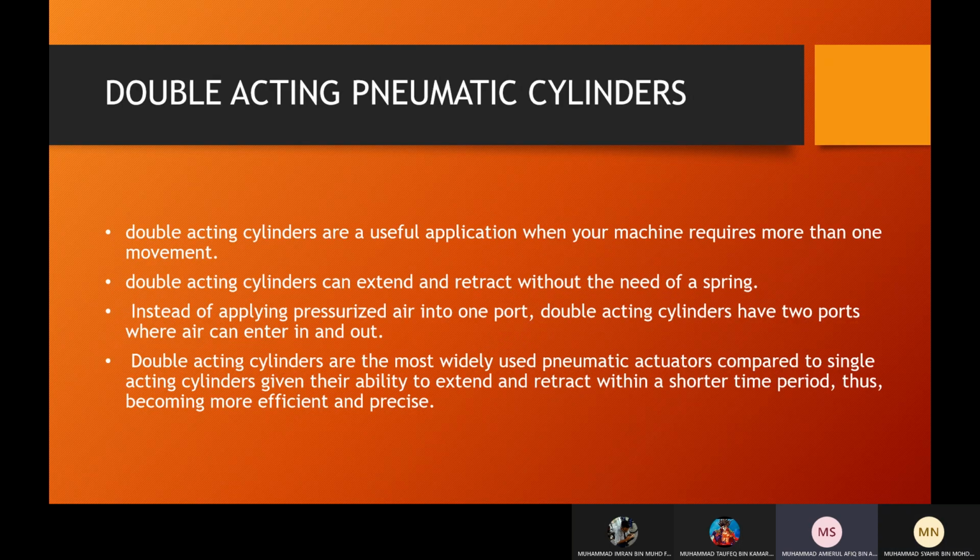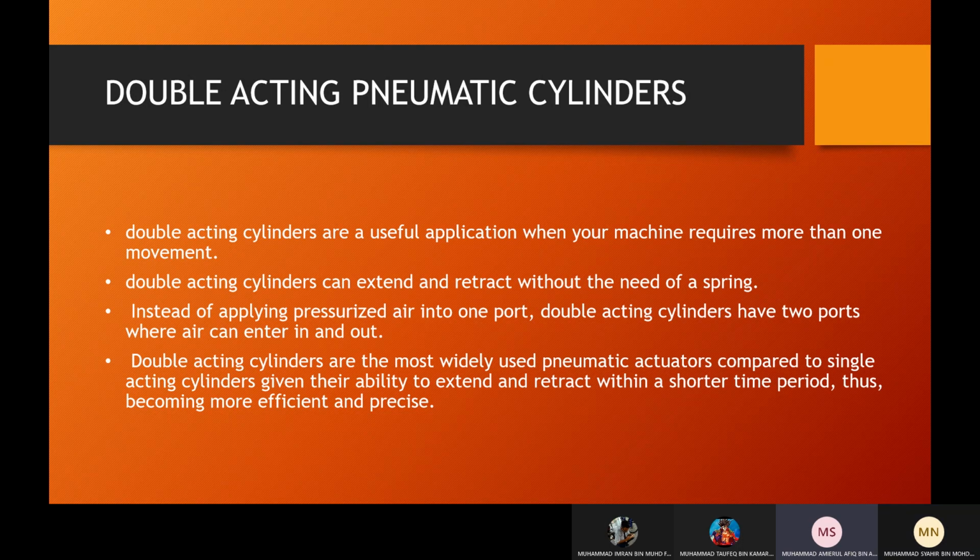Okay, for the next is the double acting pneumatic cylinder. So double acting cylinders are useful when your machine requires more than one movement. This double acting cylinder can extend and retract without the need of a spring. So this double acting cylinder doesn't need a spring.